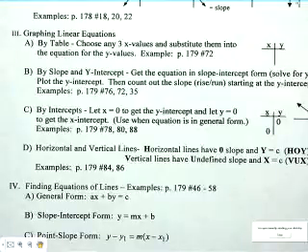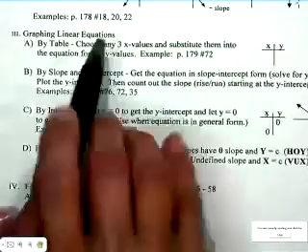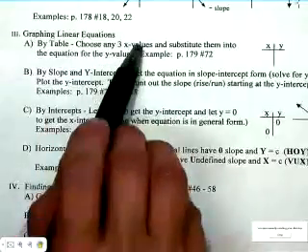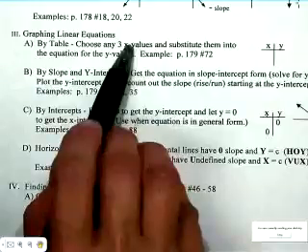I only said 3 x values because that third one serves as a checkpoint. If it's not in line with the other 2, then I know something's wrong. I don't know which one's wrong. I'll have to go back and check all 3, but the third one serves as a test point. You could also choose y values and find the x's. That doesn't matter at all.